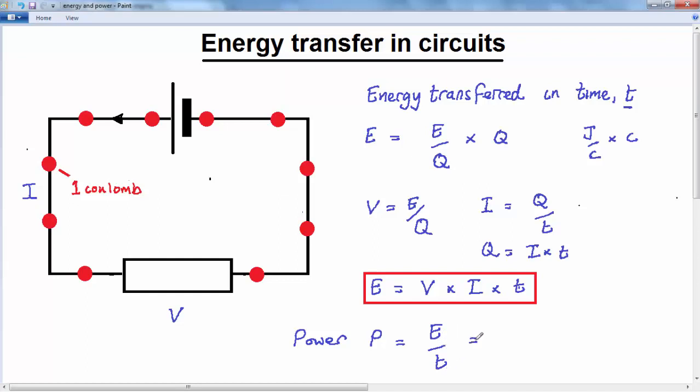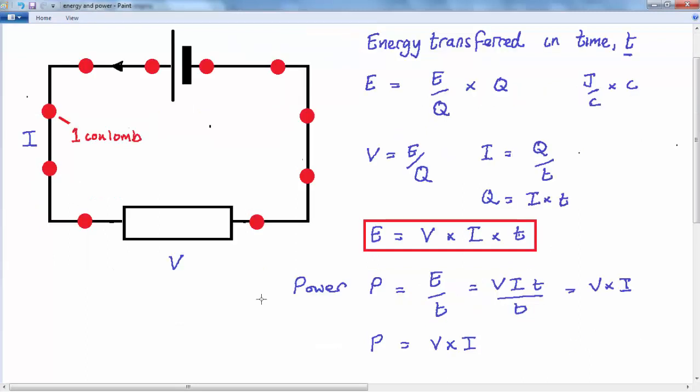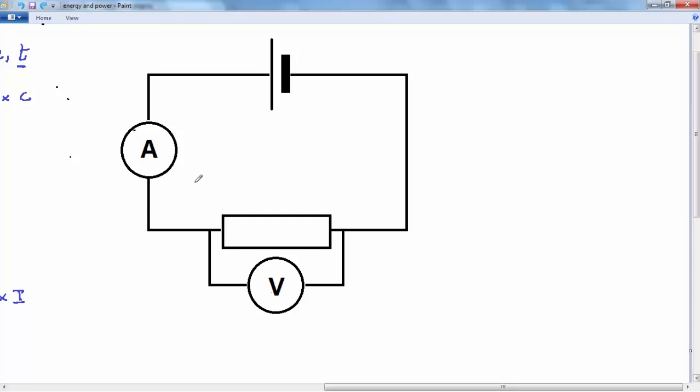Well, that's equal to, using this equation, V times I times T divided by T, which is equal to V times I. So the power transformed by the resistance is simply equal to the voltage across the resistance multiplied by the current flowing through it. A nice simple formula.